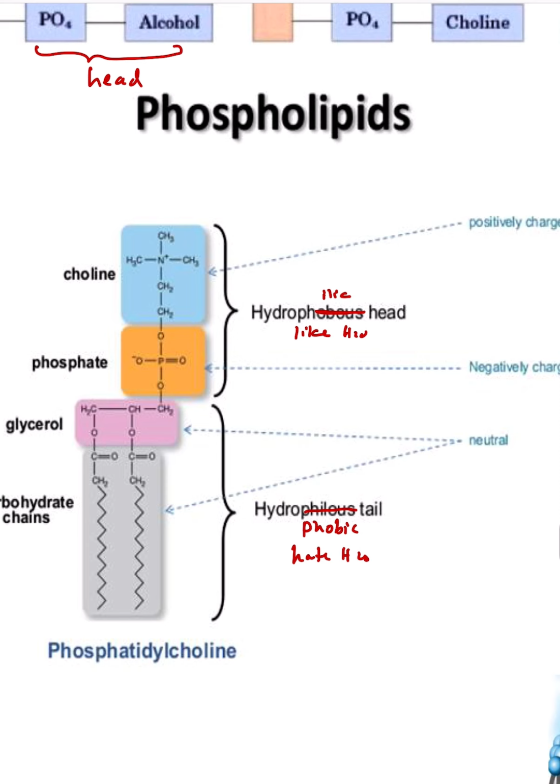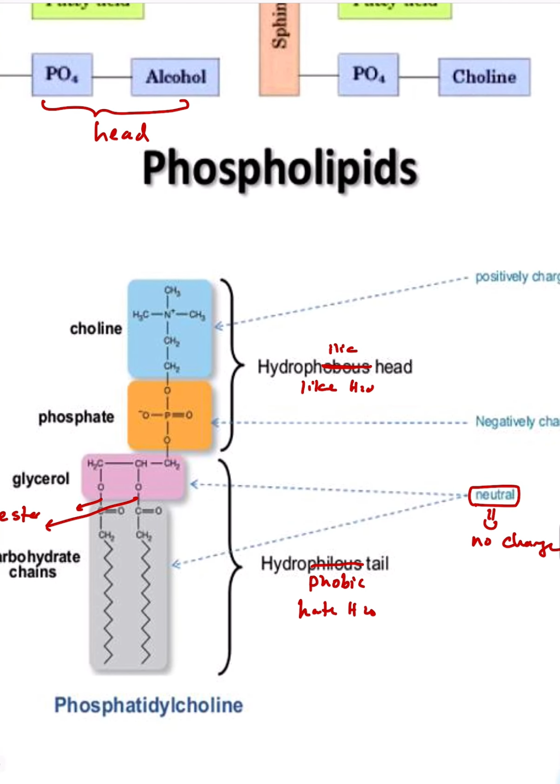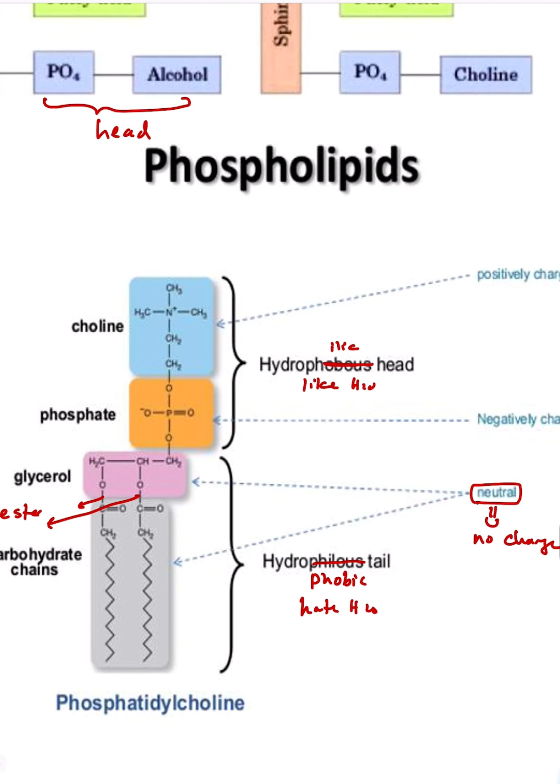As I show you, in the tail we have a glycerol and two fatty acids which bind to it, and it has two ester bonds, and they are neutral, no charge. And as you see in the head we have a base that I showed you, alcohol or base.